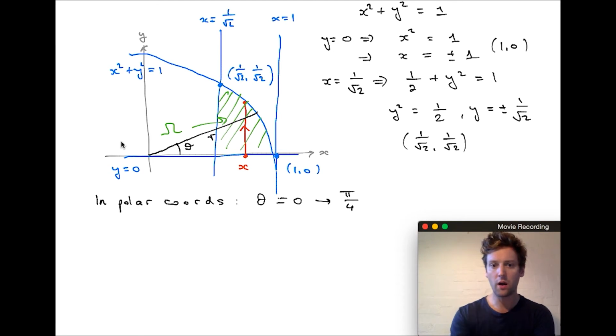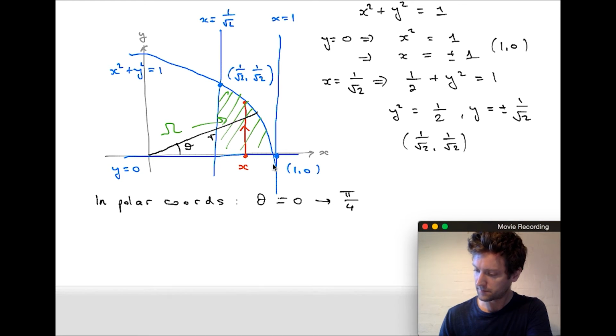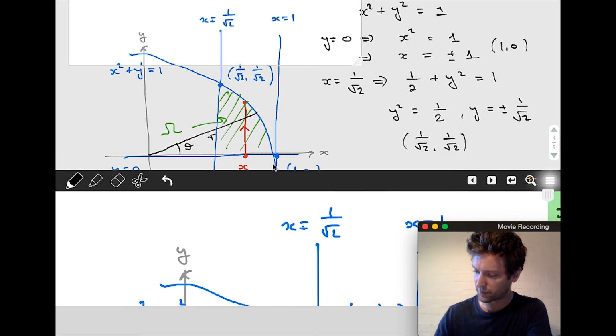Now what about r? Well, you see that r is going to start at this point, which is on the line x is equal to 1 over root 2, and end at this point, which is the unit circle. So the second of those is fairly straightforward.